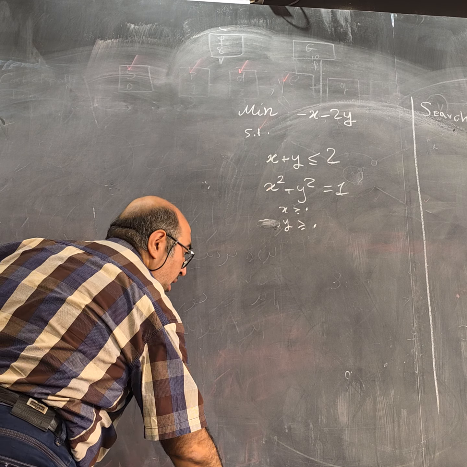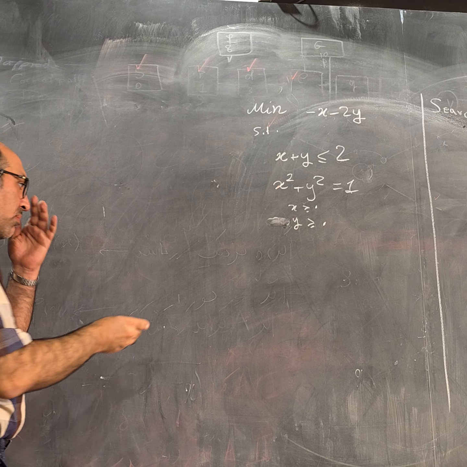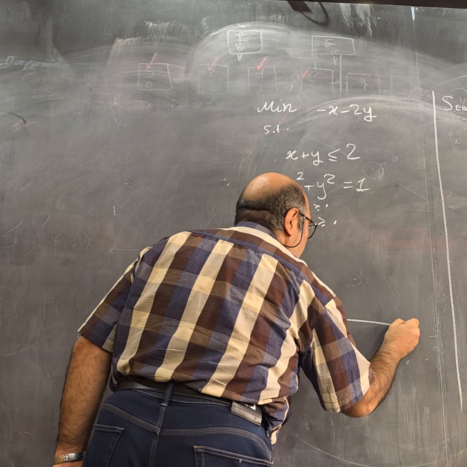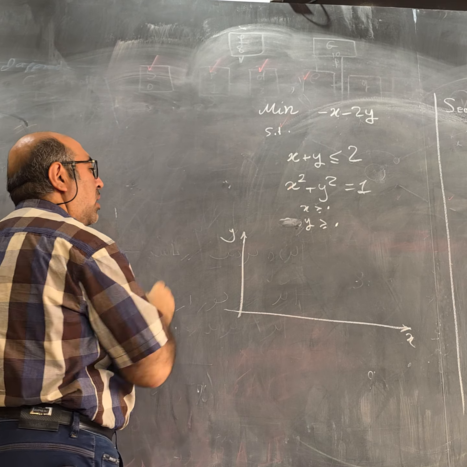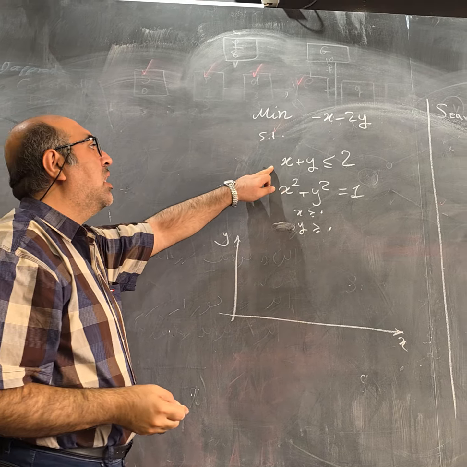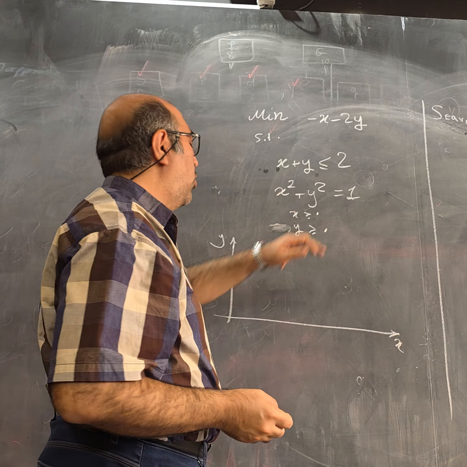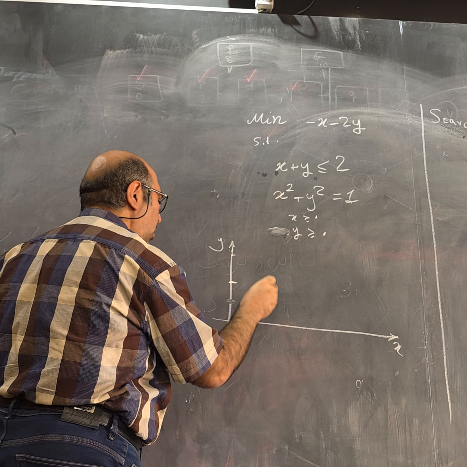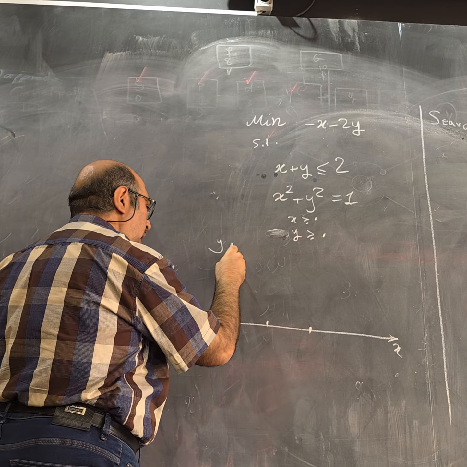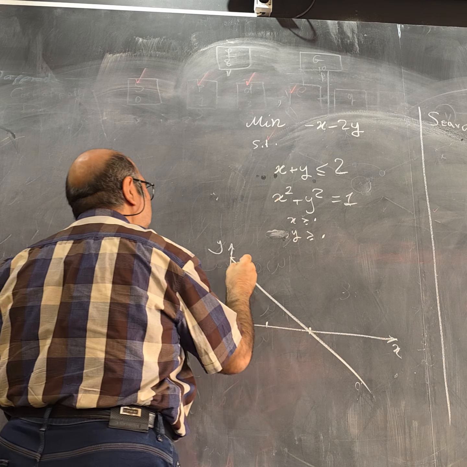I draw the feasible set in Cartesian x and y. The first one says that x plus y less than 2. I choose 2 and connect these nodes together.